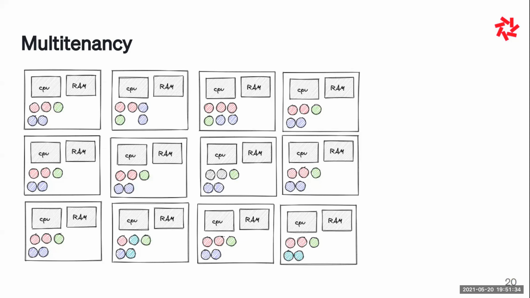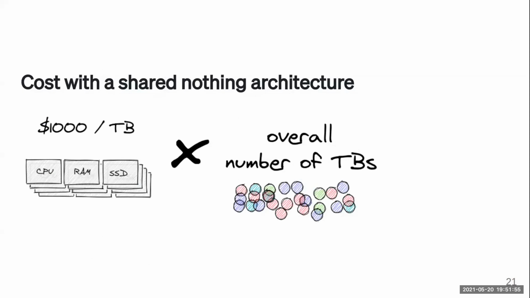It will boil down to: if you use this node, it can handle this amount of terabytes. So if you have, I don't know, 100 terabytes and one node handles 1 terabyte, then you need 100 nodes, and it's as simple as that. And your node will be some kind of configuration with a specific CPU, some amount of RAM, and some SSD.